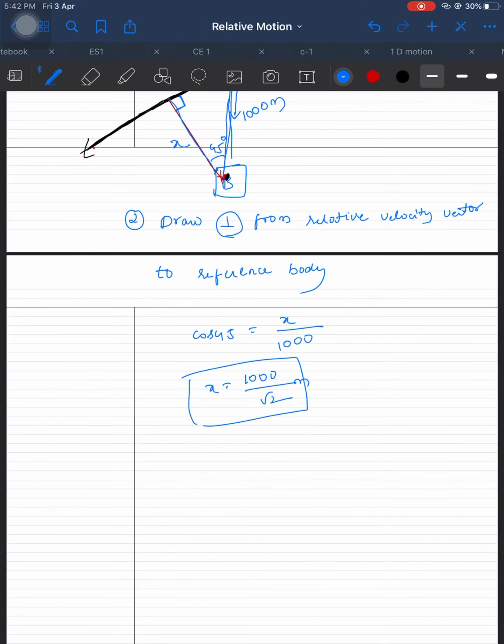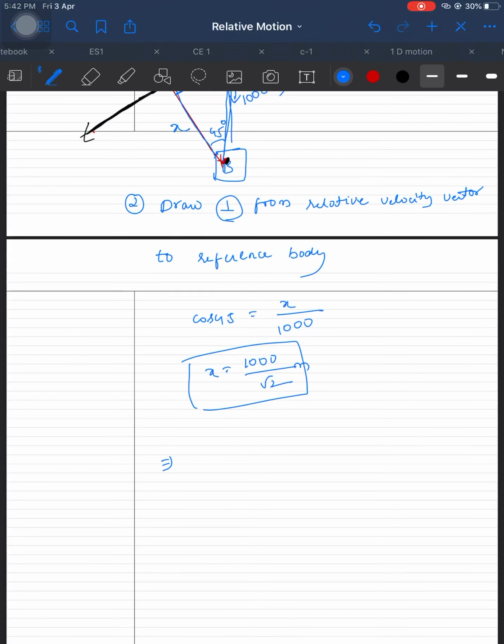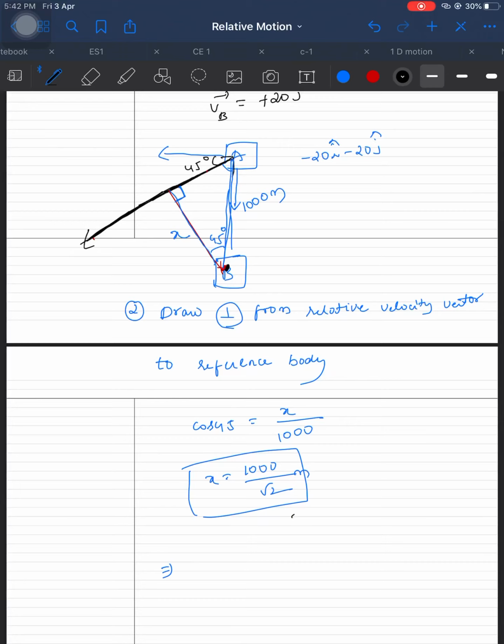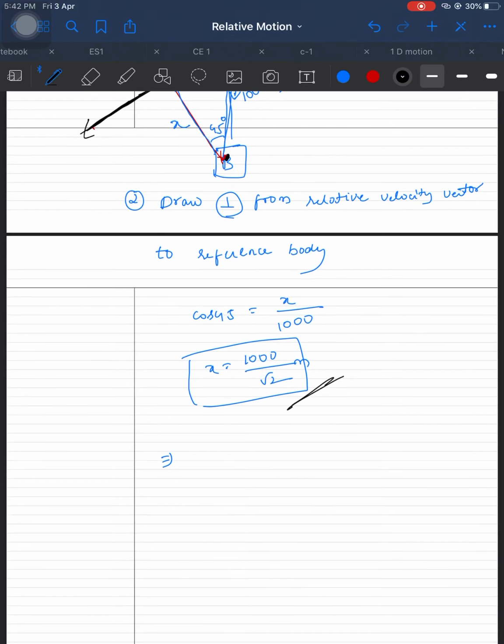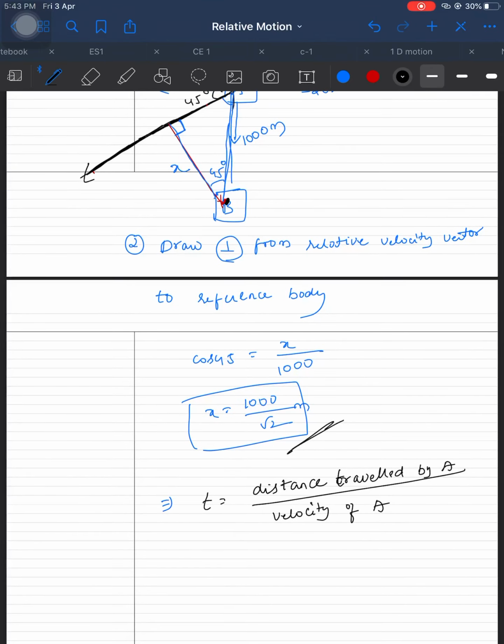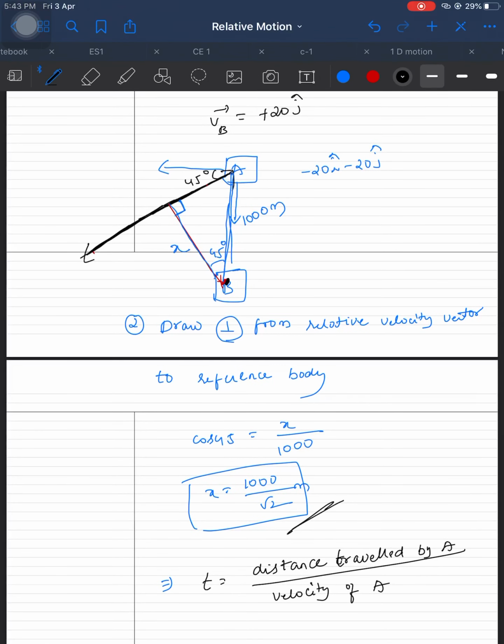To get the time, first we should know that 500 root 2 is the minimum distance between A and B, not the distance traveled by A. To get the time, remember, I am stressing this point, we need the distance traveled by A divided by the velocity of A, all with respect to B. How much distance is traveled by A?